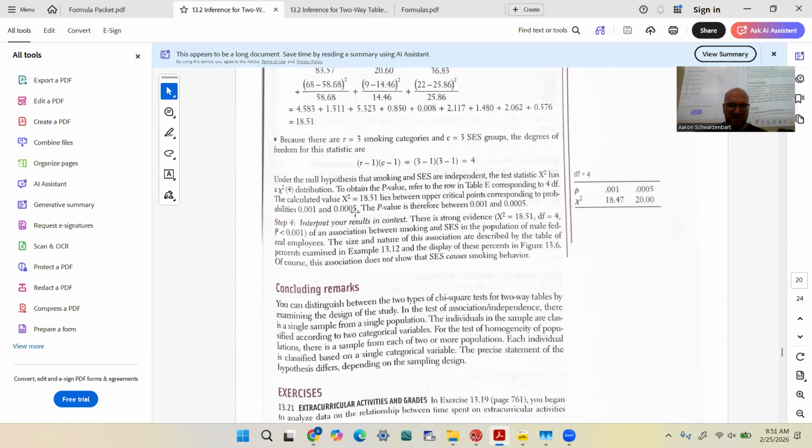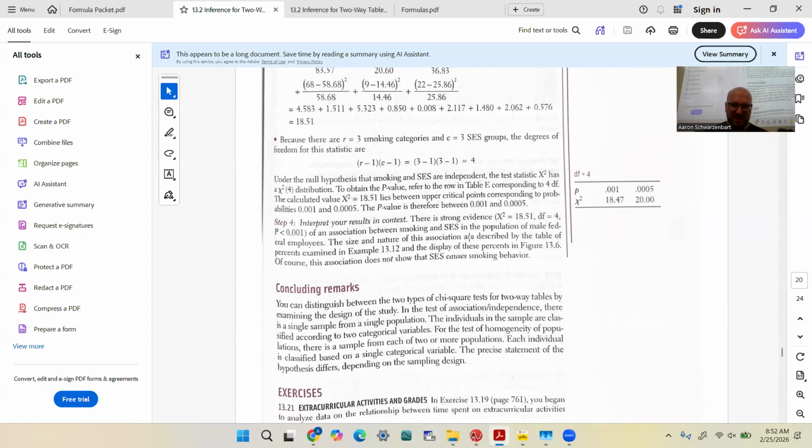So there's strong evidence that there's an association between smoking and socioeconomic status of male federal employees. Notice that they're not generalizing this to Americans or males even.